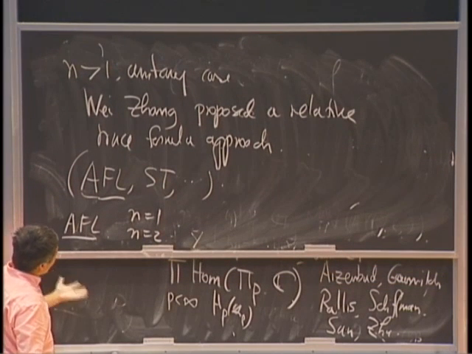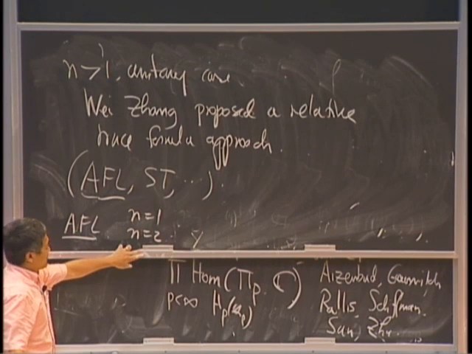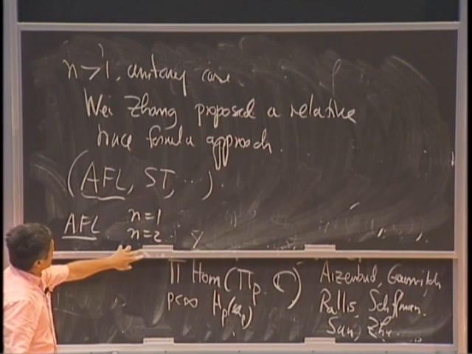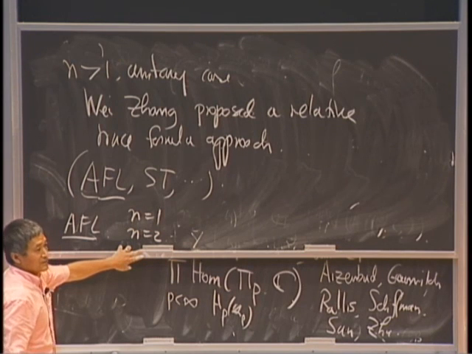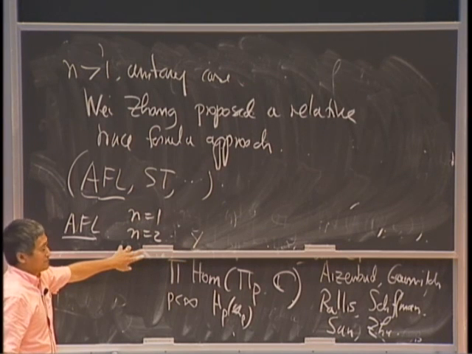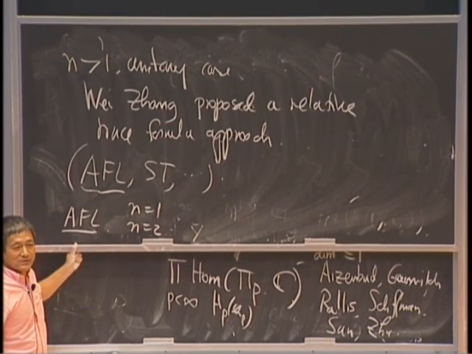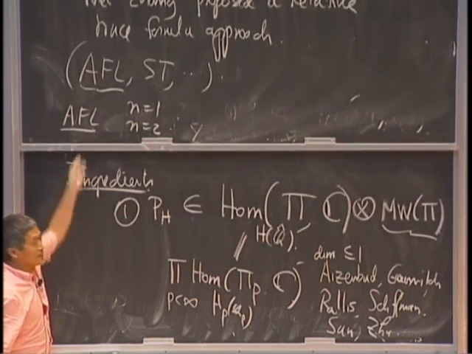And I really hope, in the near future, the case n equals 2 can be completely done. When n is greater than 3, you have no idea about that. And in orthogonal case, it's completely open, even in the classical situation. And Wei Zhang just told me maybe he has some idea to do the classical thing. But for arithmetic situation, it's completely unknown. So we will see if we can do something next year. Okay, I should stop here.